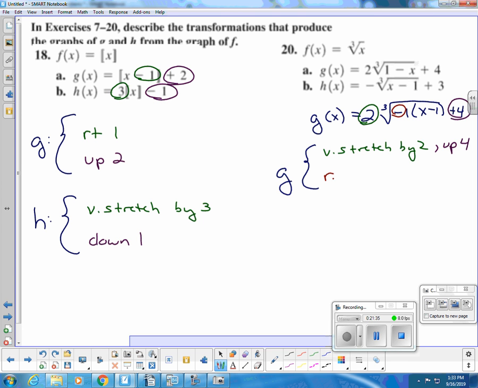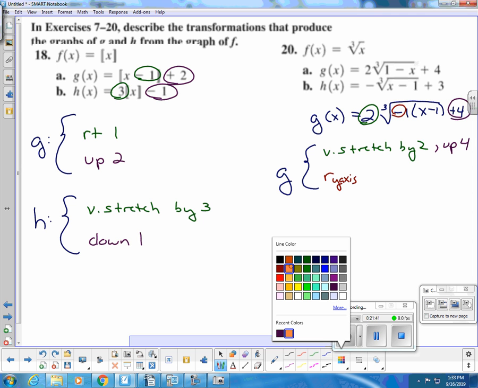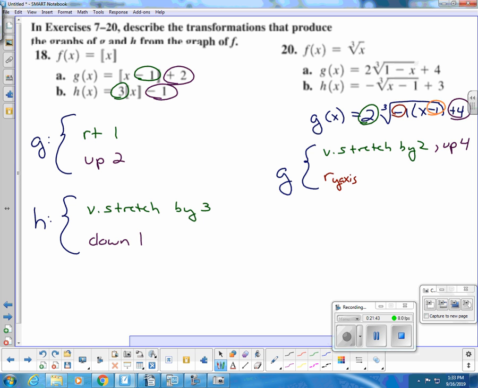Reflection over the y-axis. And the minus 1 in here is a right one. Does that make sense? You have to just factor out that whatever it is, whether it's a negative or just a number, you just have to factor it out.